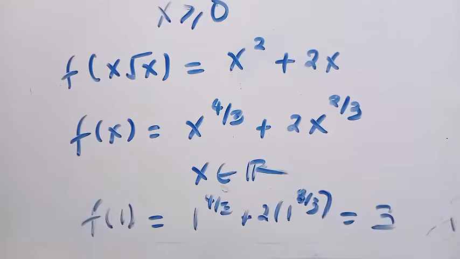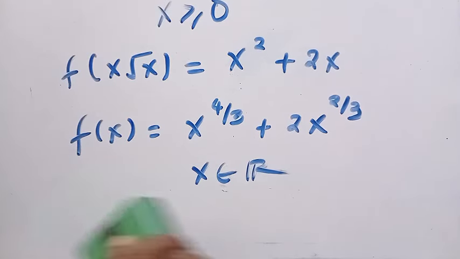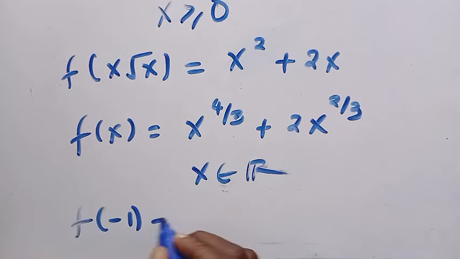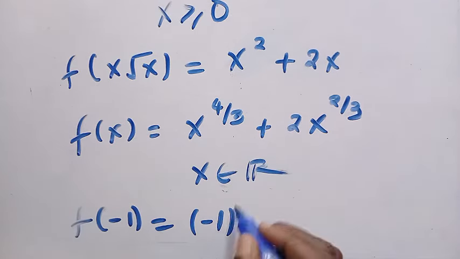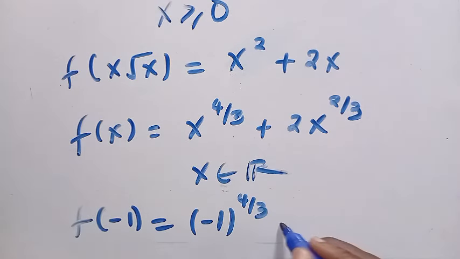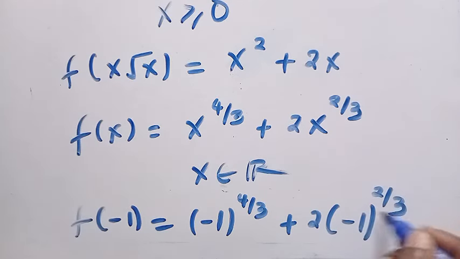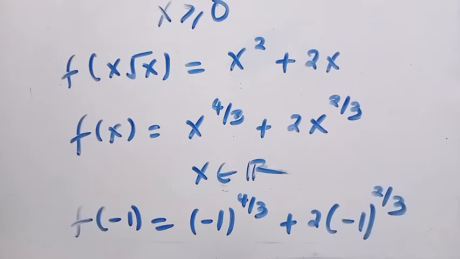And if you try and substitute a negative as well, suppose we have negative 1, we have f of minus 1 equals minus 1 raised to power of 4 over 3 plus 2 into bracket of minus 1 raised to power 2 divided by 3. When we check for this as well, we are going to get a result that is not complex. So this is how to solve this.